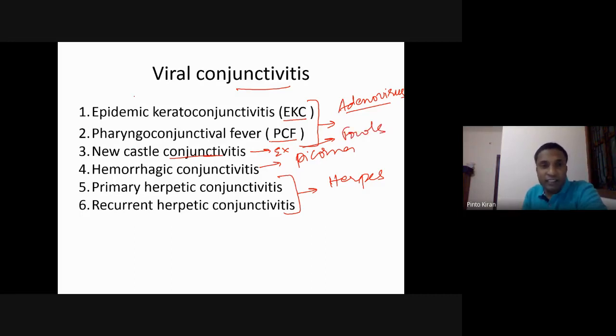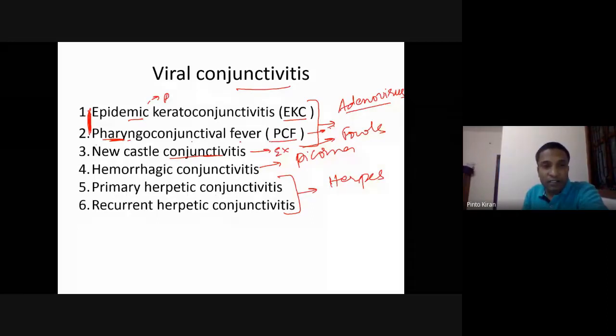So how do you differentiate these? Both are similar forms, but as the name suggests, in pharyngoconjunctival fever the patient will have pharyngitis and fever, but you don't have any pharyngitis in epidemic keratoconjunctivitis.